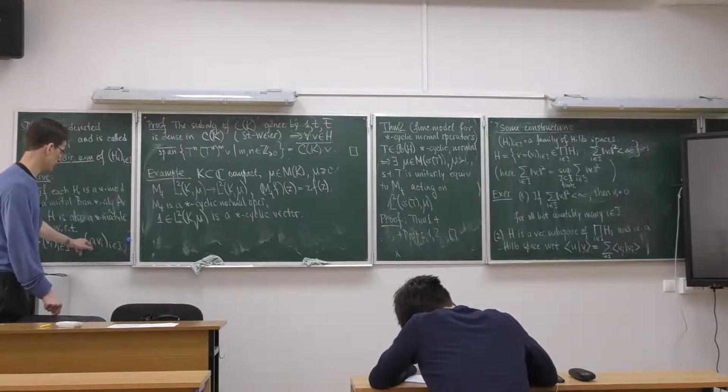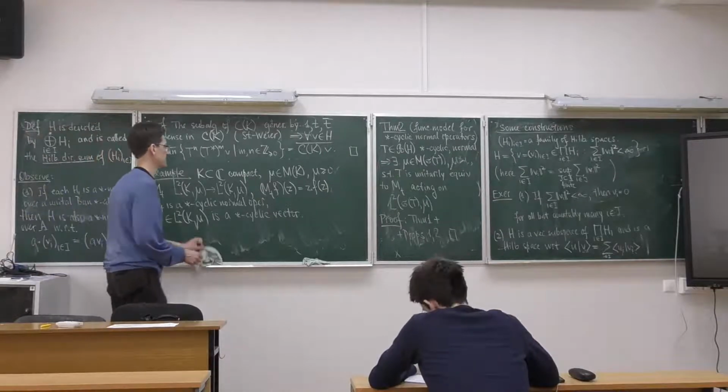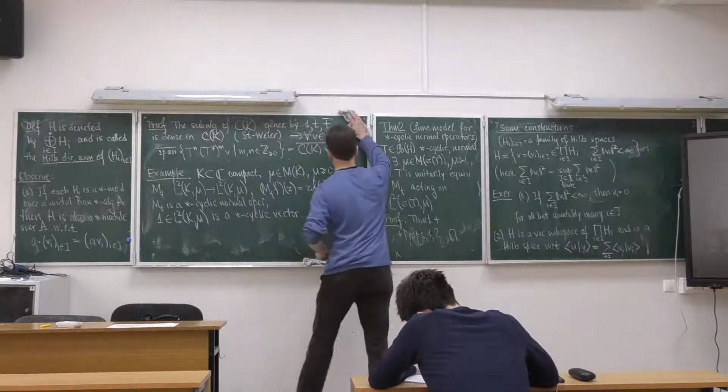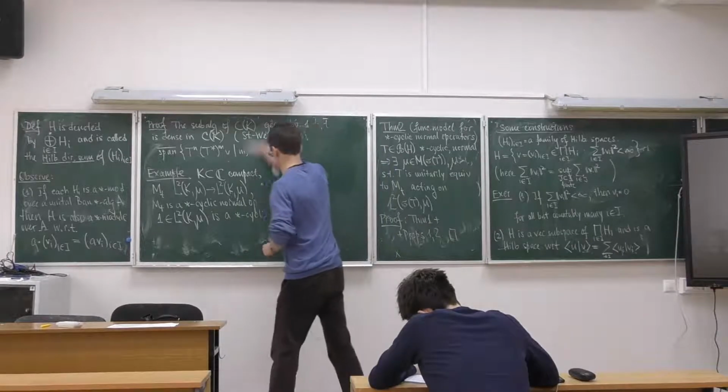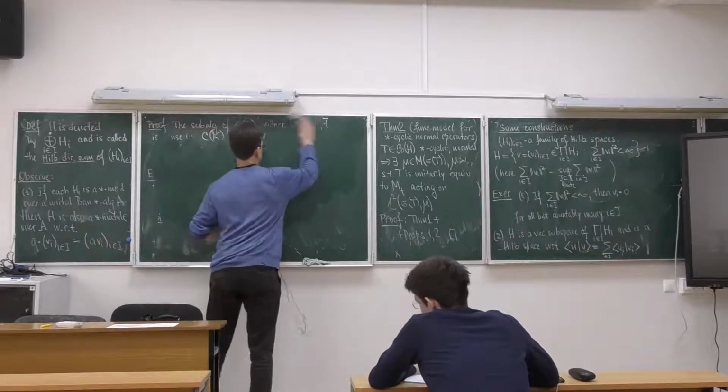Why is it square integrable? Let's recall that the norm of a Vi satisfies the sub-multiplicative inequality.